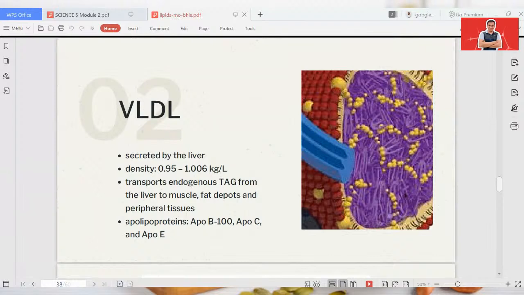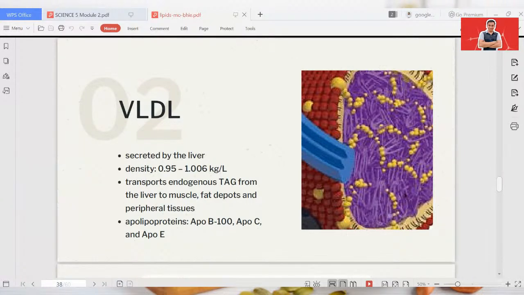Next is the VLDL or the very low density lipoprotein. This VLDL carries endogenous triglyceride which is synthesized in the liver. They have a density of 0.95 to 1.006 kg per liter.